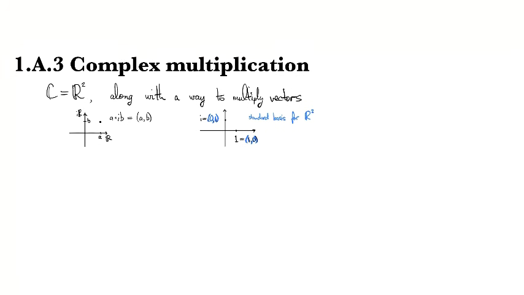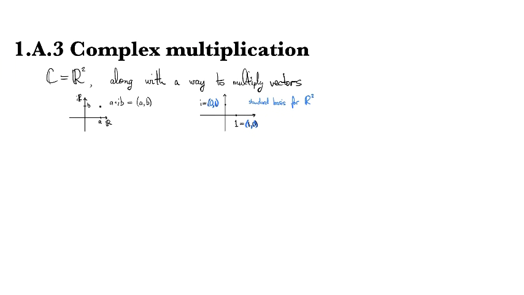And so, like I said, we can multiply vectors together. Now, you might have seen how to do a dot product of two vectors, or in R3, the cross product of two vectors, but I'm talking about something different here.